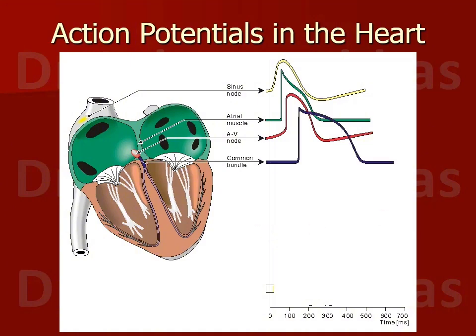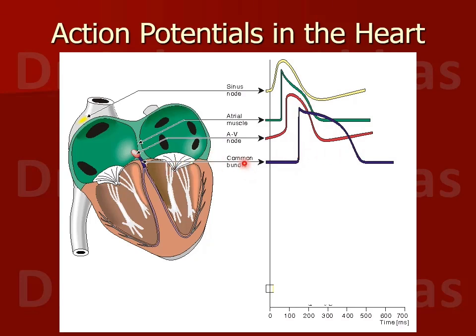Now the next is the bundle of His. As you can see, this is the action potential generated in the bundle of His. You can see the shapes of action potentials vary from tissue to tissue. Some of them have a short refractory period, some have a long refractory period.